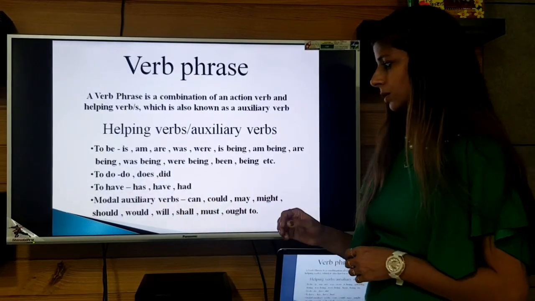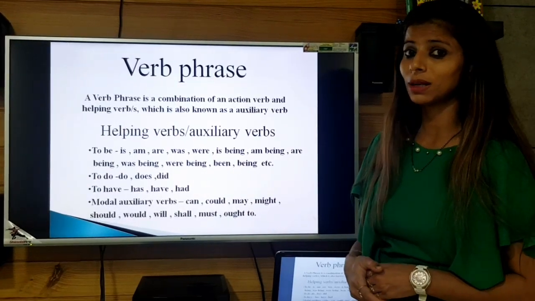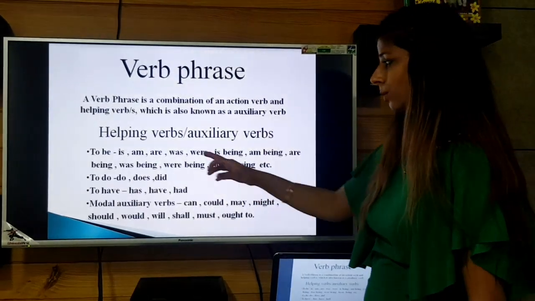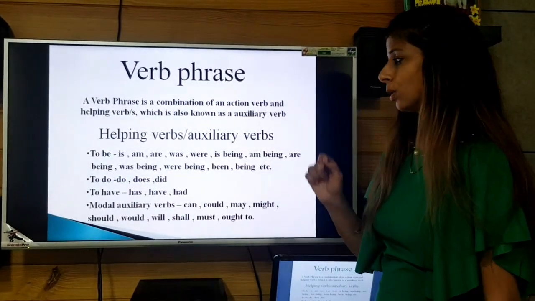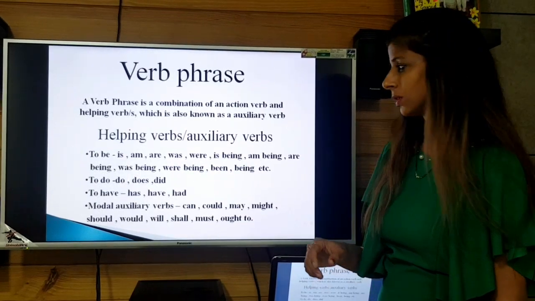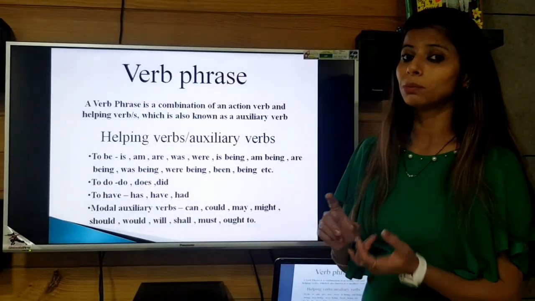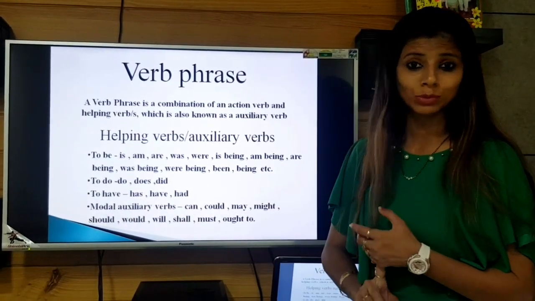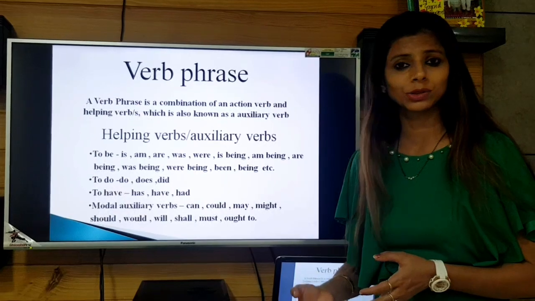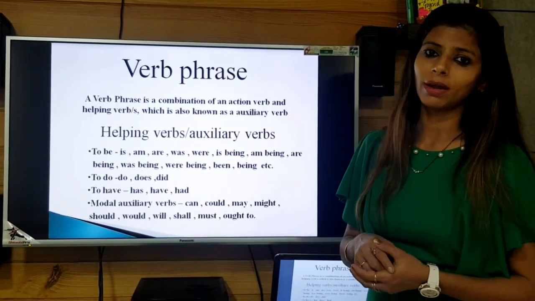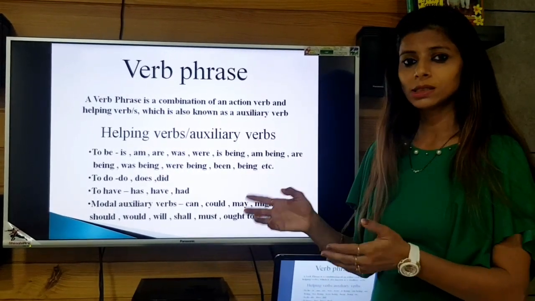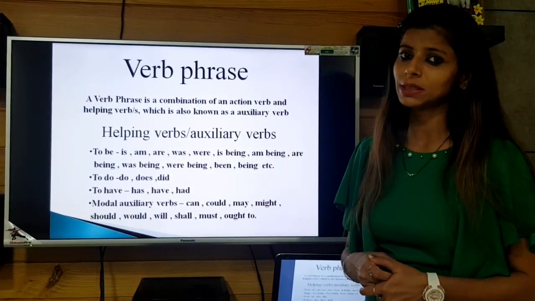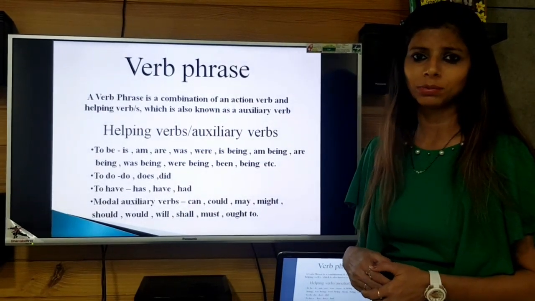And then the modal auxiliary verbs, which we already covered in our lecture. This is a list so that you get it fixed in your mind which are the modal auxiliaries, that is, helping verbs. We have talked about the combination of helping verb plus action word, or more than one helping verb plus action word, or more than one action word. Since it is more than one word, it would be counted under the category of verb phrases. It is a very simple idea to keep in mind.